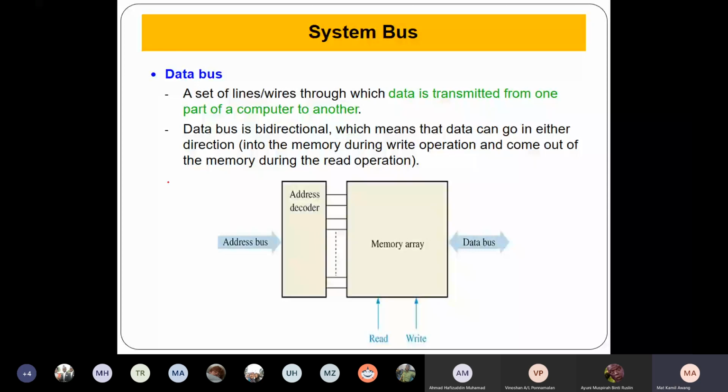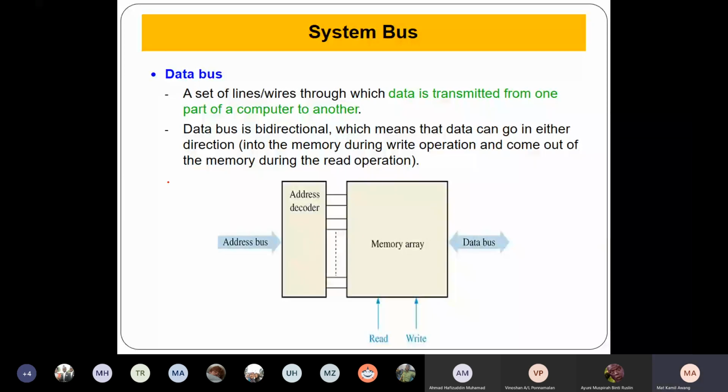Therefore, the data bus is bidirectional, which means that data can go in either direction: into the memory during the write operation and out of the memory during the read operation.